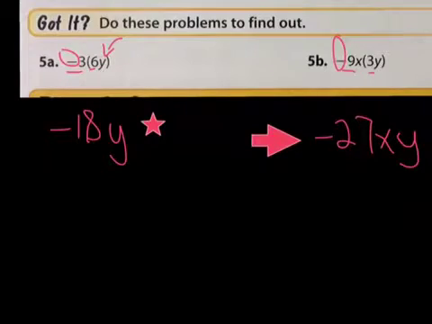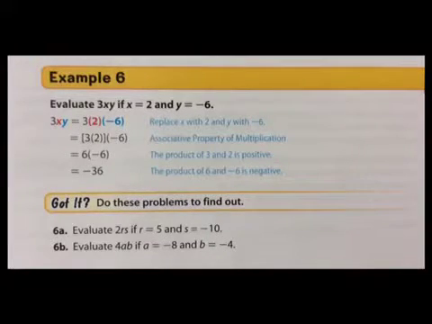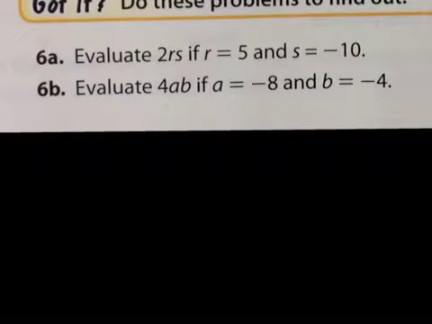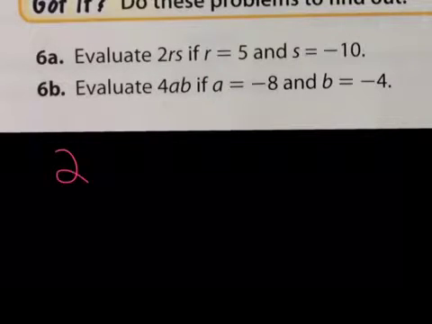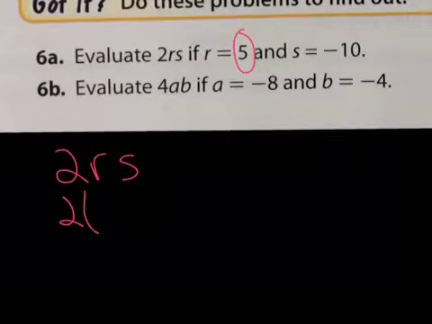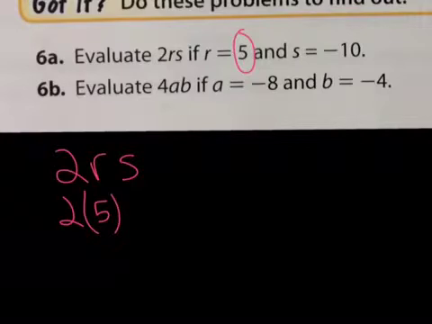For example 6, we're going to continue to work with integers and variables, but now they're telling us the value of the variable. As you can see down here, we can actually take it one step further and replace it. So here for 6a, we have 2rs, and we know that r is 5, so it's 2 times 5, and s is negative 10, times negative 10.